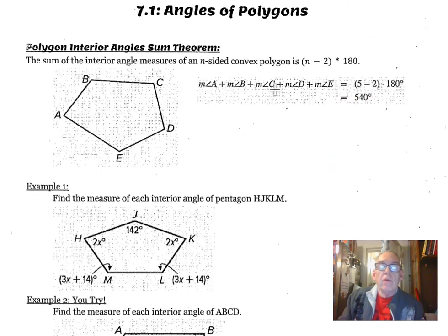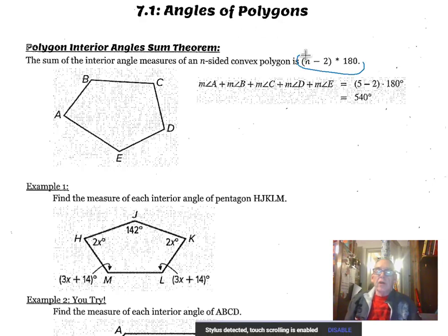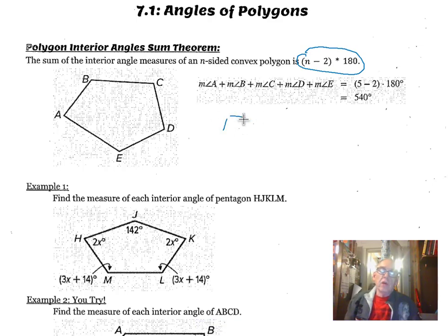Okay. So angles of polygons. The sum of the interior measures of an n-sided convex polygon is n minus 2 times 180. And we saw that in the last video. Basically, if you look at a 4-sided figure and a 5-sided figure, you can pick up on a pattern here.